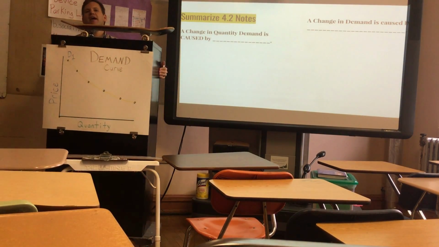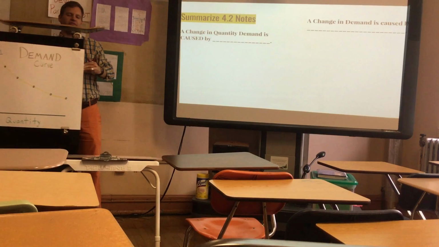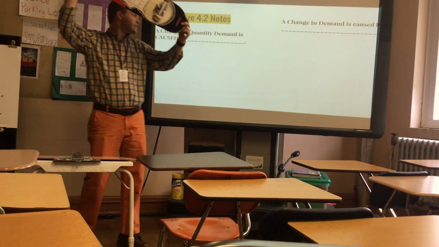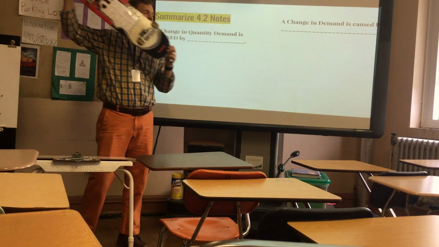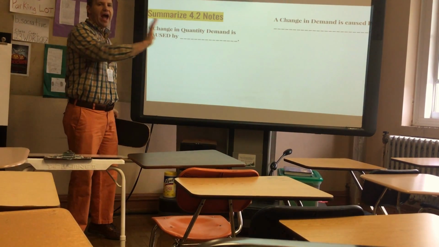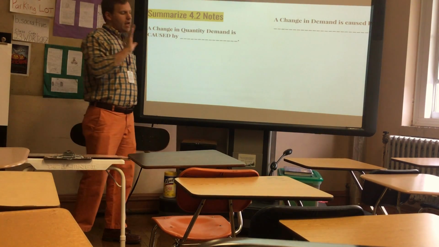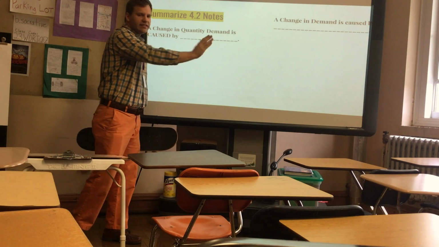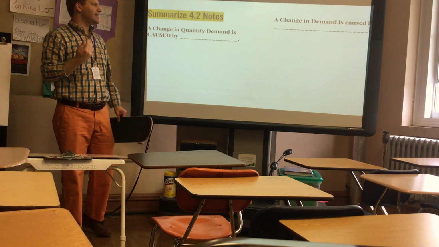Change in quantity demanded has everything to do with the skateboarder, and the skateboard represents prices falling or prices rising. A change in demand is the whole graph, the whole demand curve moving right for an increase and to the left for a decrease.